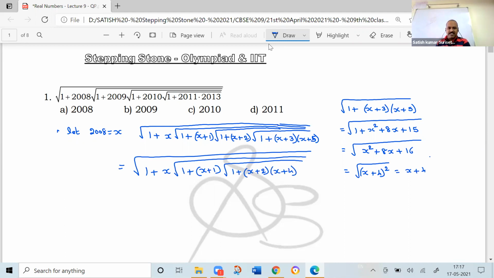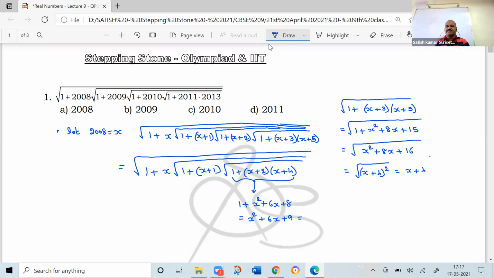Now simplify this portion. So if I simplify this, 1 plus x square plus 2x plus 4x, 6x plus 8. So this becomes x square plus 6x plus 9. Check, is it a perfect square again?